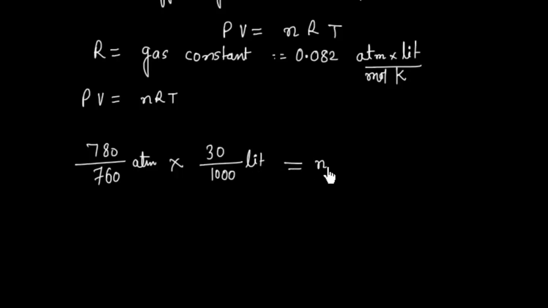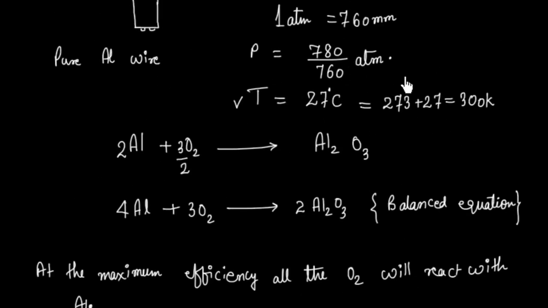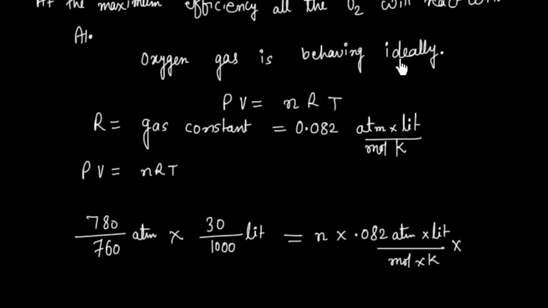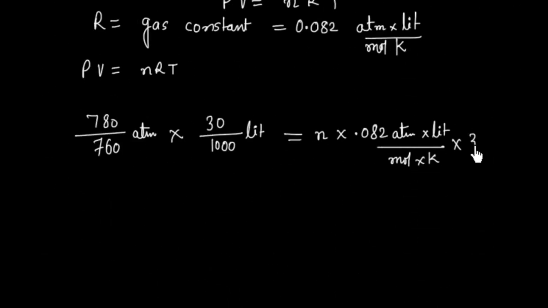Number of mole we have to find out. R is the gas constant, that is 0.082, and the unit is atmospheric pressure into liter divided by mole into Kelvin, and temperature is 300 Kelvin.